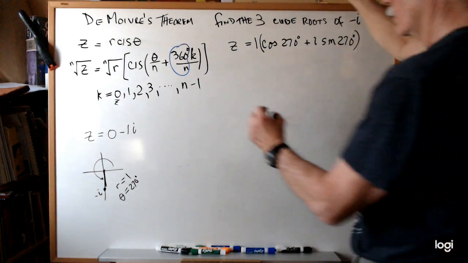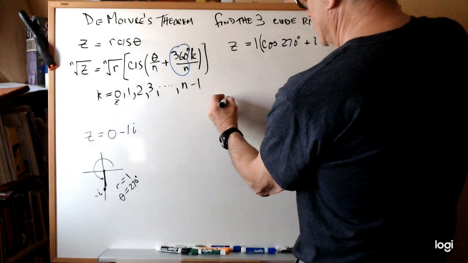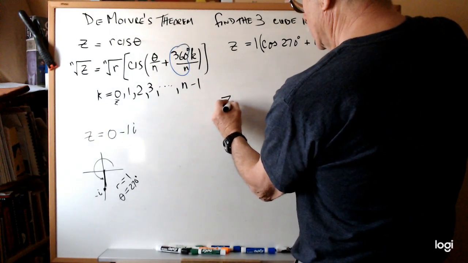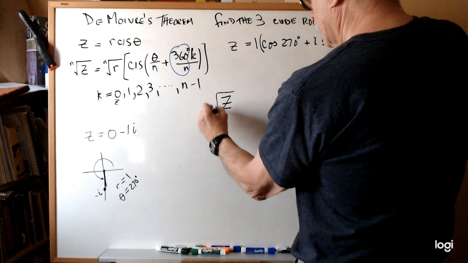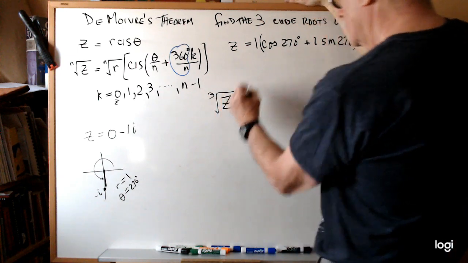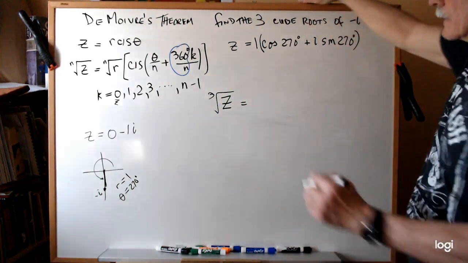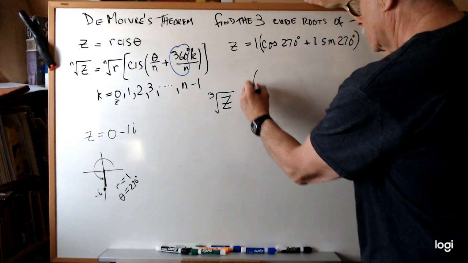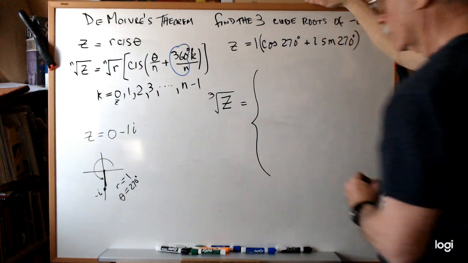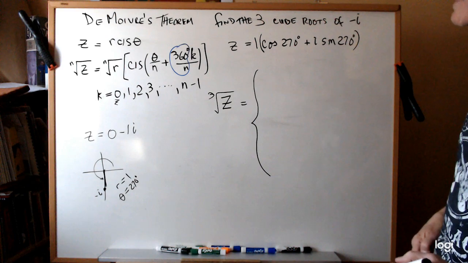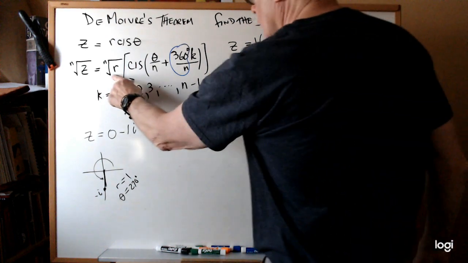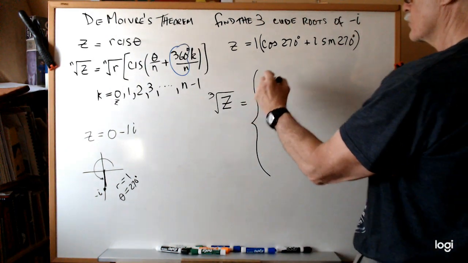Okay, so here we go. So the cube roots of Z. Okay, there are going to be 3 of them. So I'm going to set this up. And we're going to take the cube root of 1, because the modulus is 1.